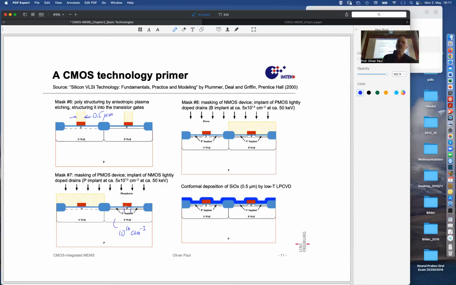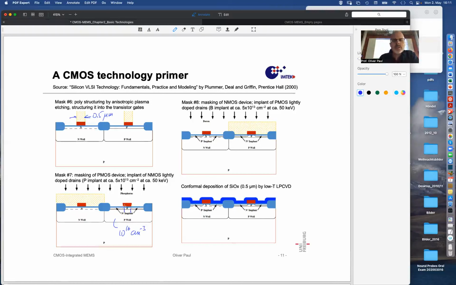It's slightly smaller. So the critical dimension may be the smallest structure that we produce physically, but then electrically there may be even smaller structures, and that is a way to make these distances even smaller, and therefore the transistor even faster, because electrons have to travel less far, and to increase therefore the frequency of the CMOS process.